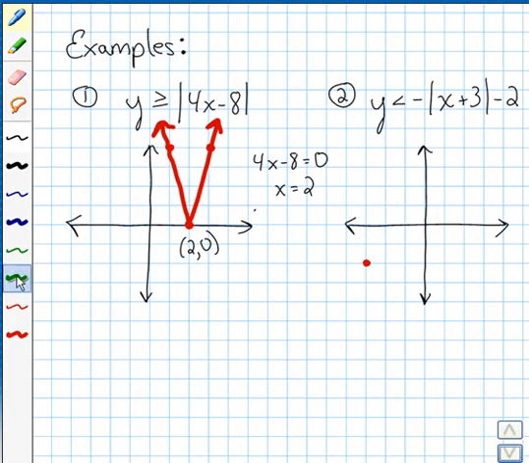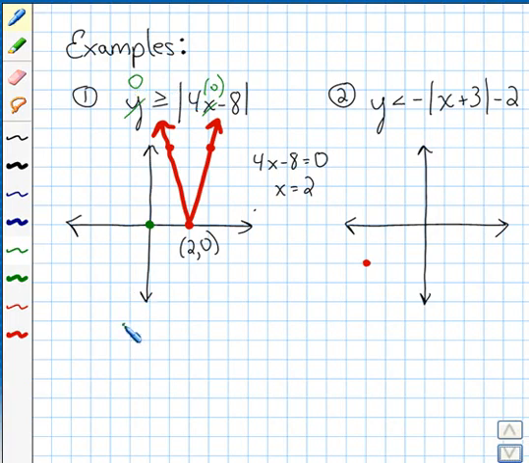Now we need a test point. 0, 0 is a really easy test point to pick, and we're going to substitute 0, 0 in for our x and our y. So we can take the y out, put a 0, take the x out and put a 0, and simplify.